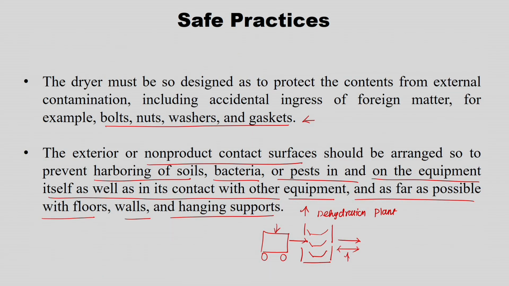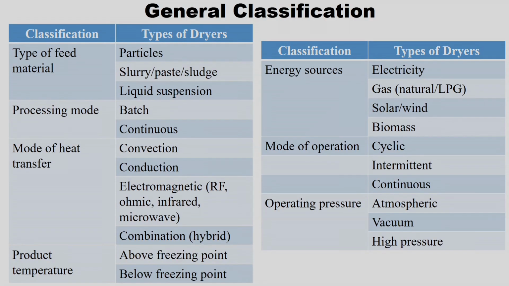And it is not only the drying surface, the bolts, nuts, washers, gaskets also should be contamination free, and not only the dryer, the place where the material comes from, and where the material goes from the dryer, that also should be soil free, bacteria free and pest free. In short, it should be contamination free.